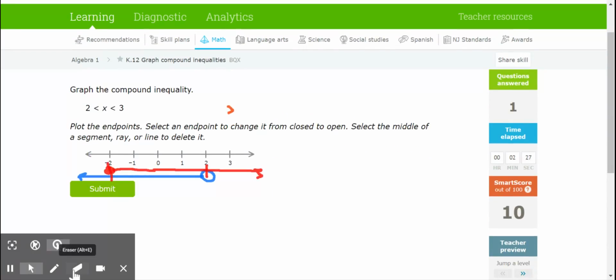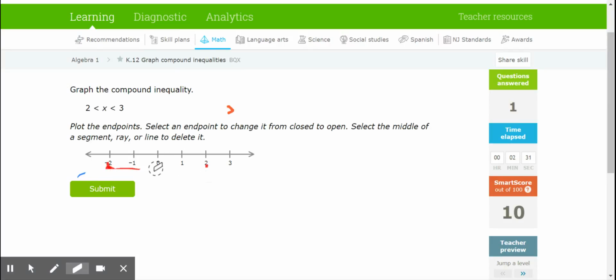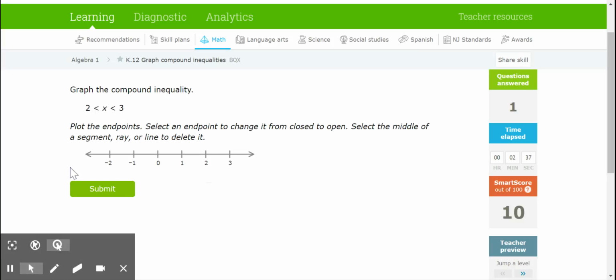Okay, now we got another one. I'm not going to do as much drawing. I wanted to over explain the first one, and now we'll move a little quicker in the second one. So like we said, this is 2 is less than x, or x is greater than 2. So from 2 going in this direction forever, and x is less than 3.